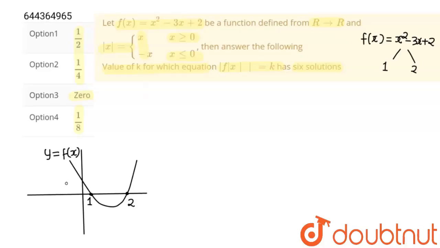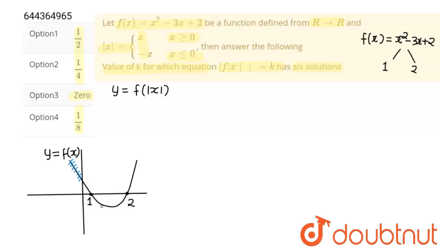Now I am going to draw the graph of y equals f of mod x. So for changing y equals f of x into y equals f of mod of x, what are our steps? We neglect the graph on the negative x-axis, and we take the mirror image of the graph on the positive x-axis in the y-axis.